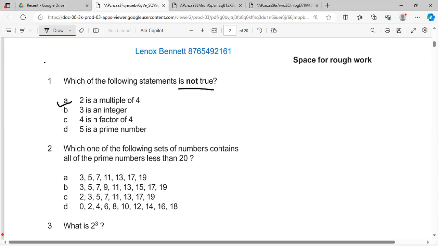Alright? Which of the following sets of numbers contain all of the prime numbers less than 20? Less than 20, sir. C. Are you saying it's C or you're asking?